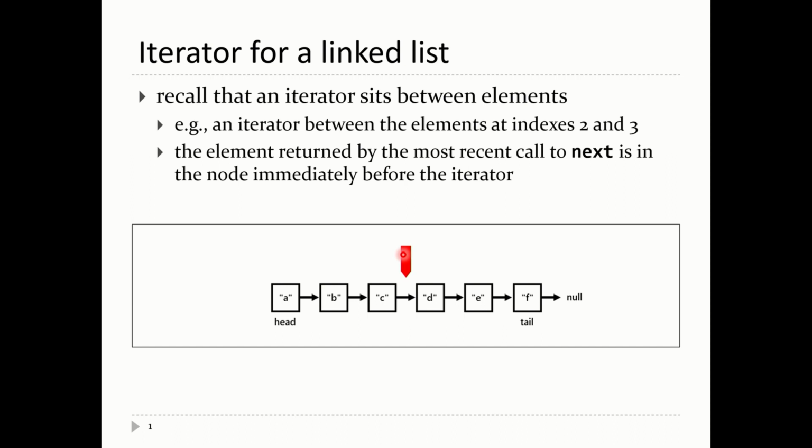At this point, if we remove an element, it's going to remove the C from the sequence. If we call next again, it's going to move one position and return the D. In the previous implementation, we stored the indexes of the elements that the iterator was between. So previous would be 2 and next would be 3.